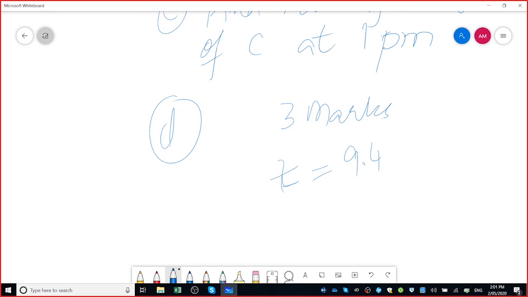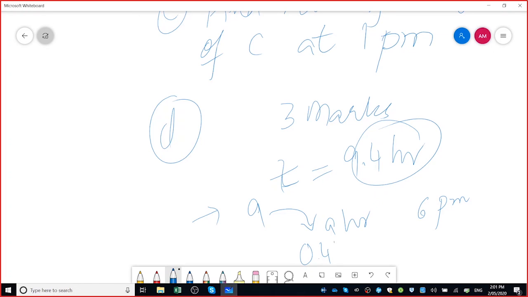This is 9.4 hours. So what is it in time? The initial time was 9 a.m. when it was administered. So after 9 hours, what would be the time? 6 p.m. What about 0.4 hour? What is 0.4 hour equal to in minutes?